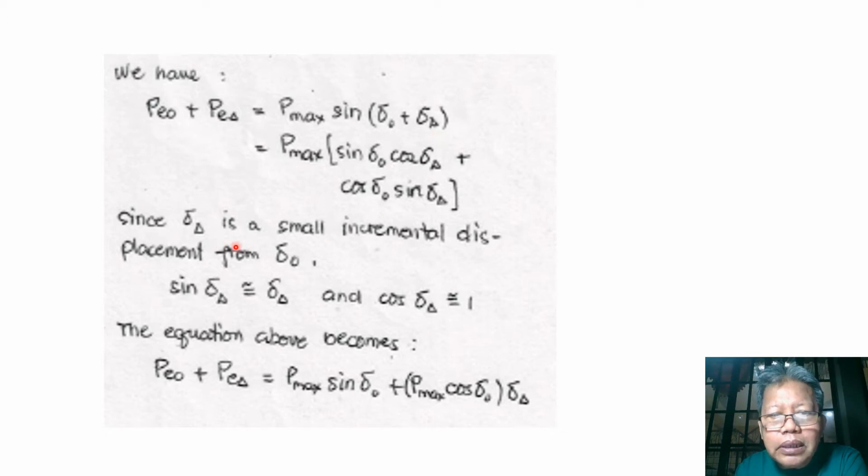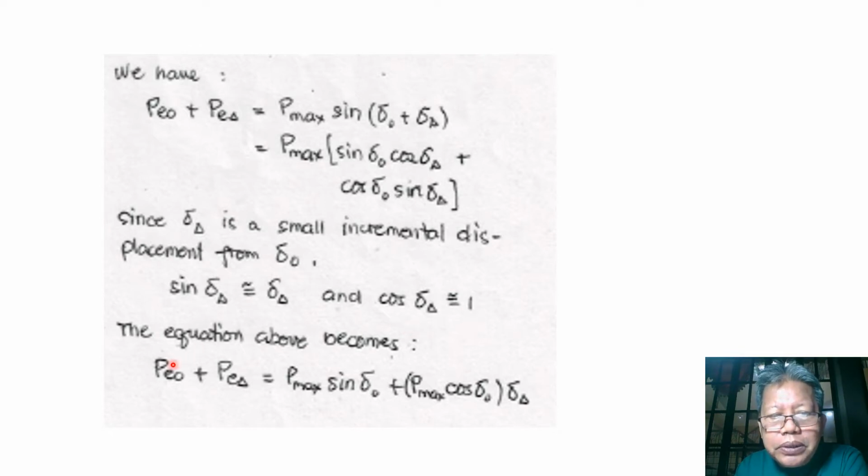Now, since delta delta is a small incremental displacement from delta O, then sine of delta delta is just the angle delta delta, as we can see even in our calculator, that the sine of a small angle is just the angle itself. So sine delta delta is just delta delta, and cosine delta delta is equal to 1.